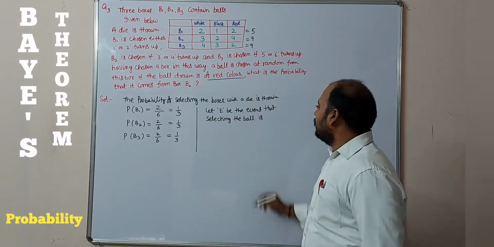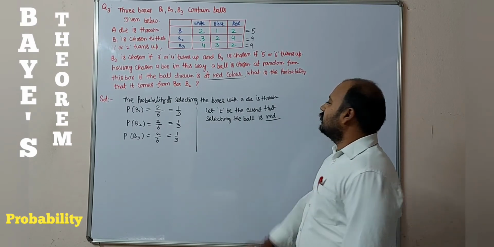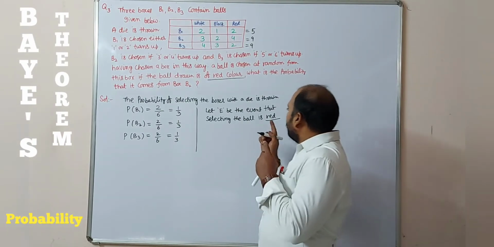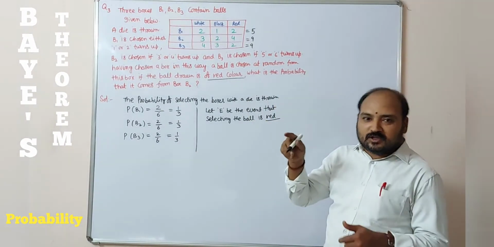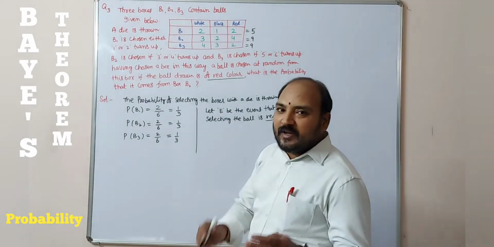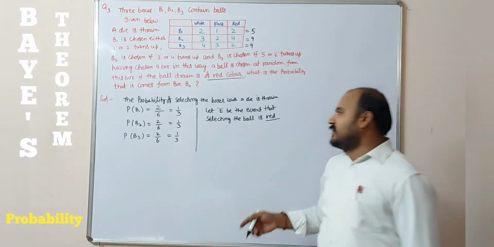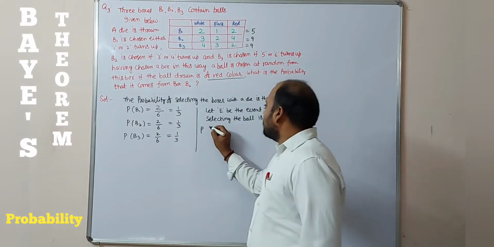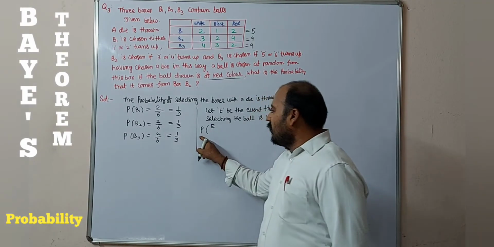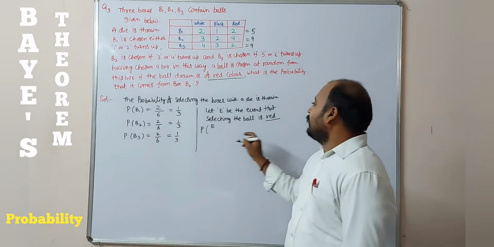Red balls are not only in box 1, but also in box 2 and box 3. So from each and every box, we will see the selection of red balls. So the probability of selecting a red ball, E is the event that the selected ball is red.